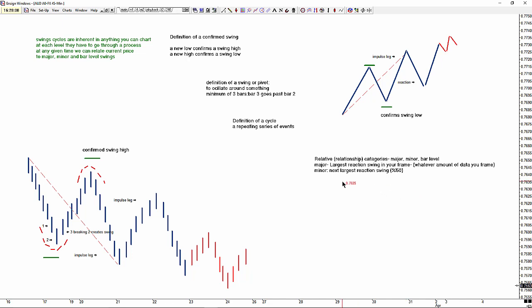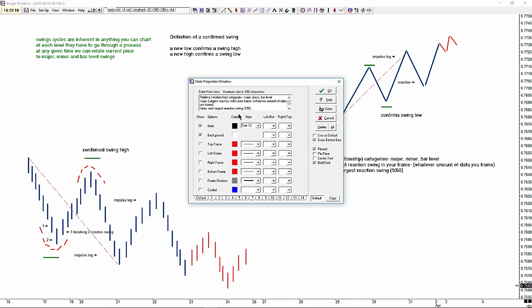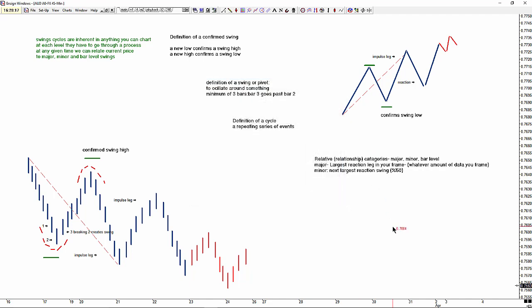Now I'm going to define major. We'll call this leg here. So if we want to understand our major confirmed swing on the board, okay, I'm going to use the reaction leg.